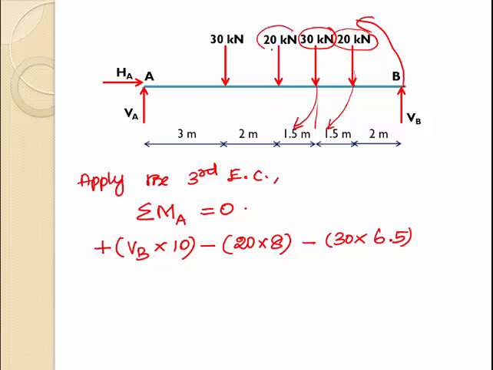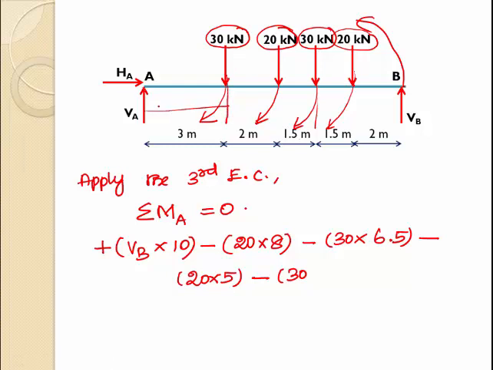Considering the force 20 kilonewton, this force is causing clockwise rotation about point A. So minus 20 into the distance, which is 5 meter. And considering this force, 30 kilonewton, about point A, this is causing bending moment in the clockwise direction. So minus 30 into the distance of 3 meter.